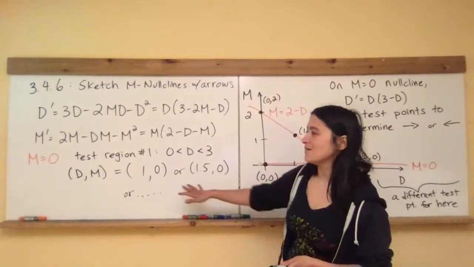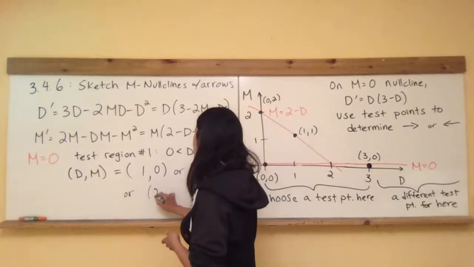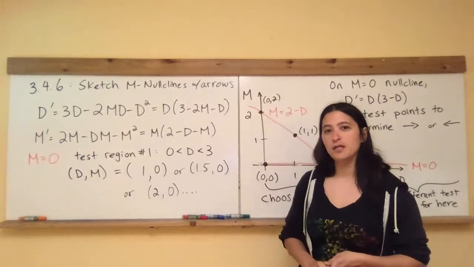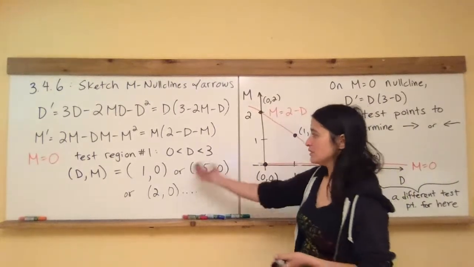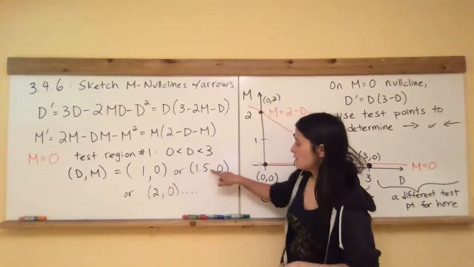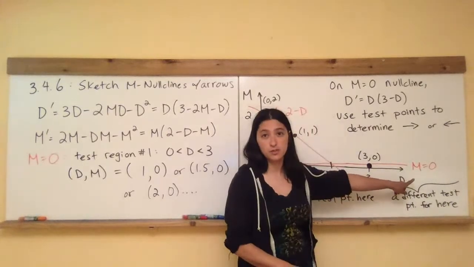Right, and notice that for all the suggestions, so someone else suggested 2, 0, all of these are great suggestions for region 1. They have 2 things in common. The first thing that all these suggestions have in common is that the value for m is always 0. And it better be, because I'm working on the m is equal to 0 nullcline.